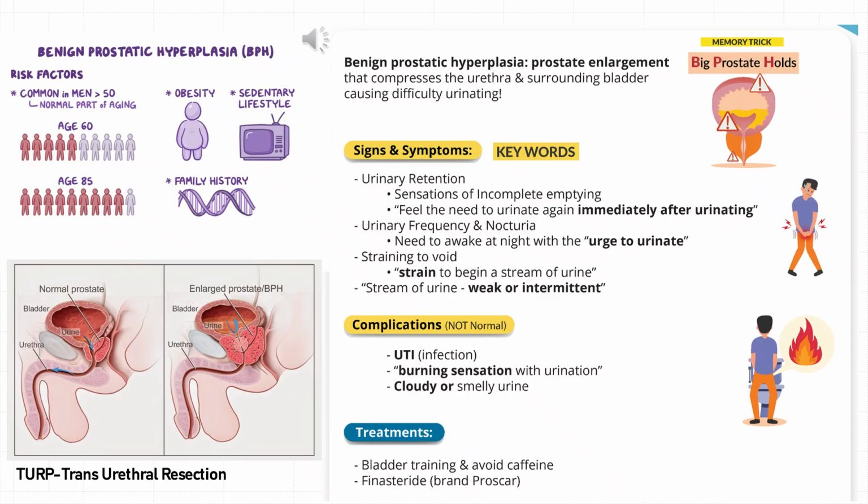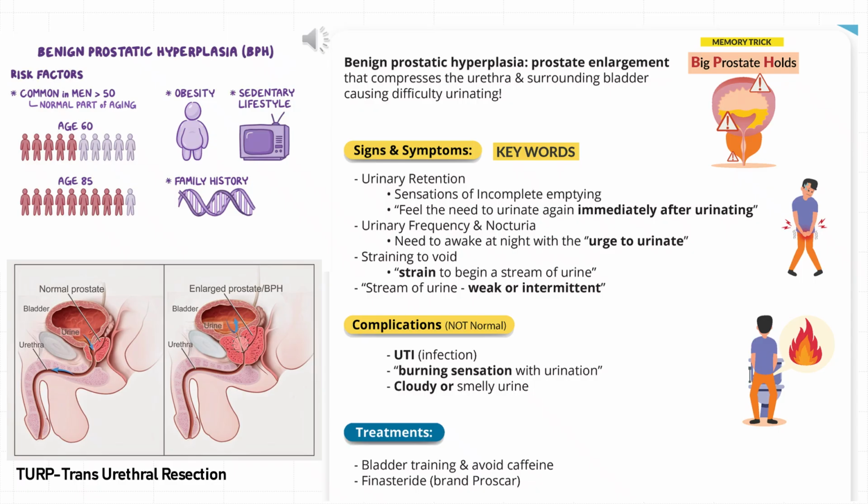They can also do a prostate level, so a prostate antigen level for blood. This can be mildly elevated, but it's not typically used to diagnose cancer. They will also do a urinalysis to rule out any infection.